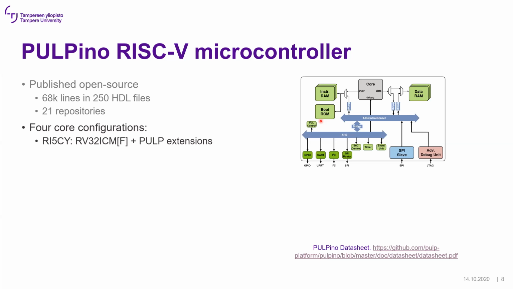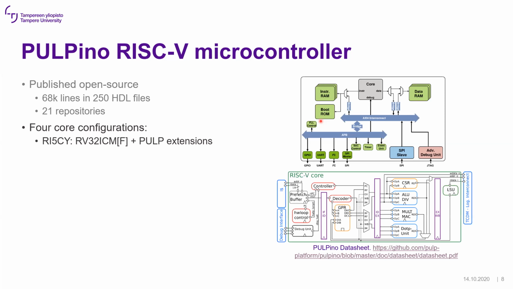The second configuration is if we take the floating point support there as well. The actual core is depicted here. So you can see it's a 4-stage pipeline. And some of the extensions are also visible here. For example, the product unit isn't part of the standard extensions.